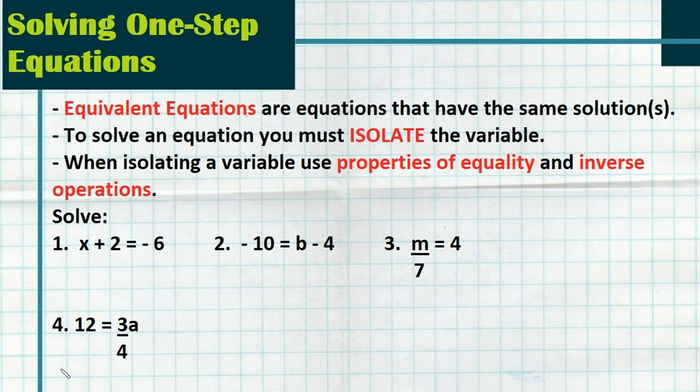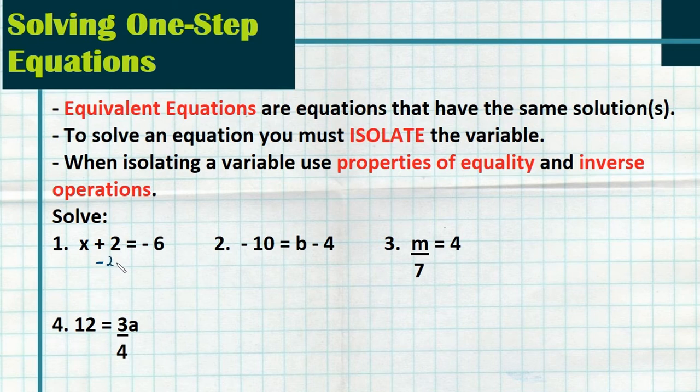You can see I have a few questions laid out here, and we're going to start with x plus 2 equals negative 6. We're going to start by using the subtraction property of equality, because in order to get this x by itself, in order to isolate the variable, we need to do a minus 2 on both sides, and that's how we can cancel out this 2.